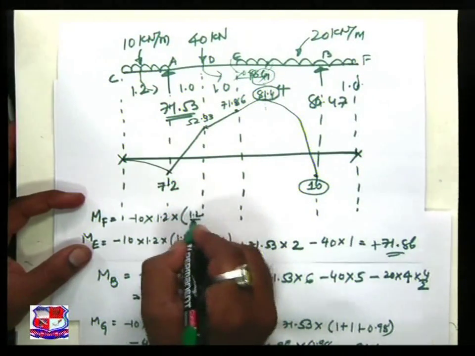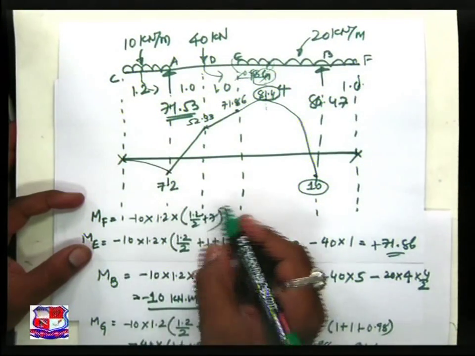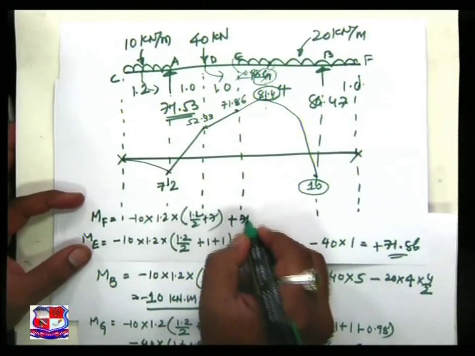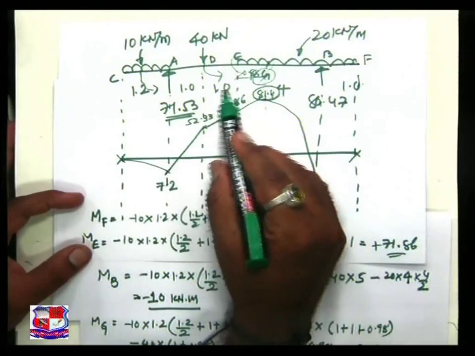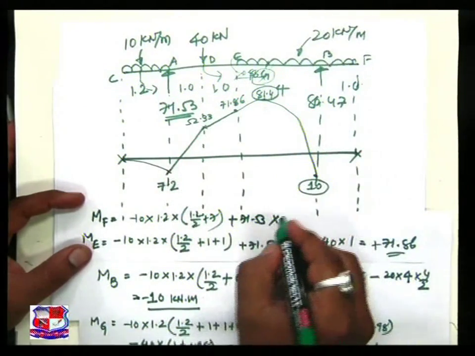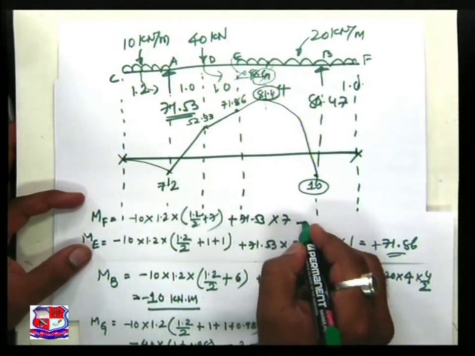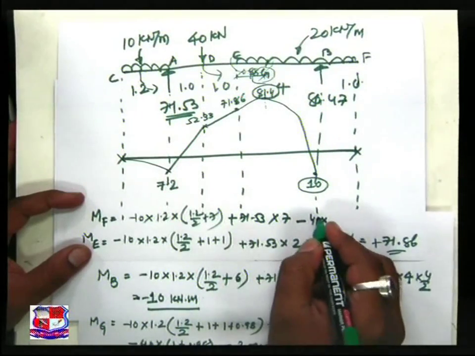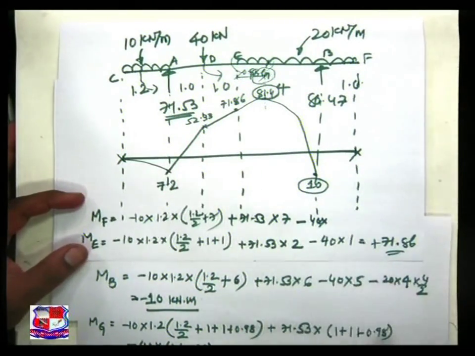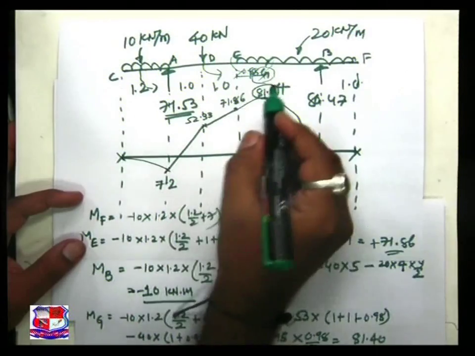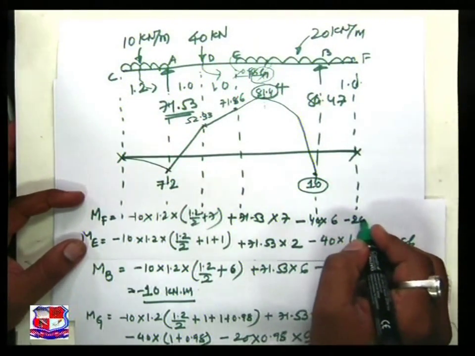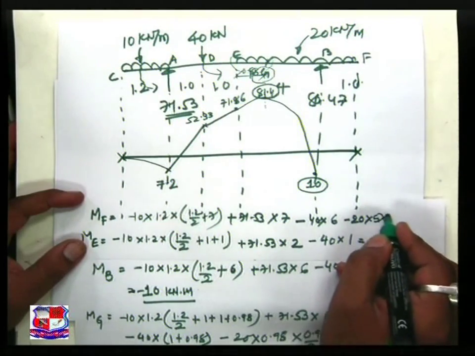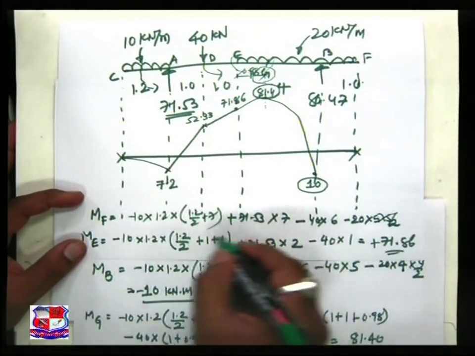So 1.2 by 2 plus 7, plus 71.53 into 4 plus 1, 5 plus 1, 6 plus 1, 7, minus 40 into the distance 4 plus 1, 5 plus 1, 6, minus 20 into 5 by 2.